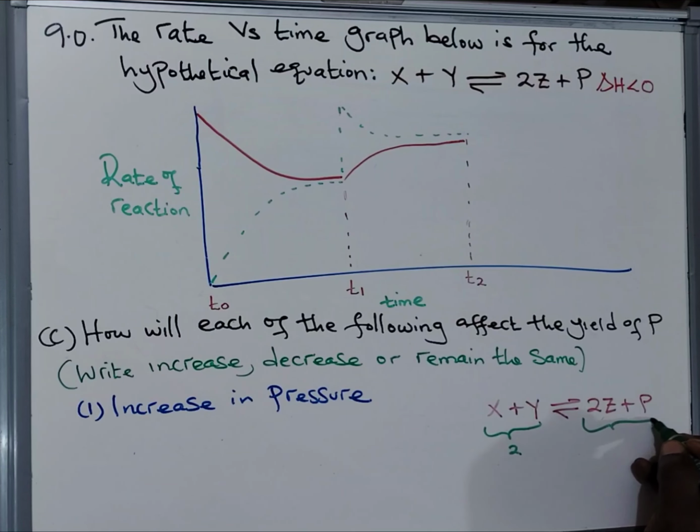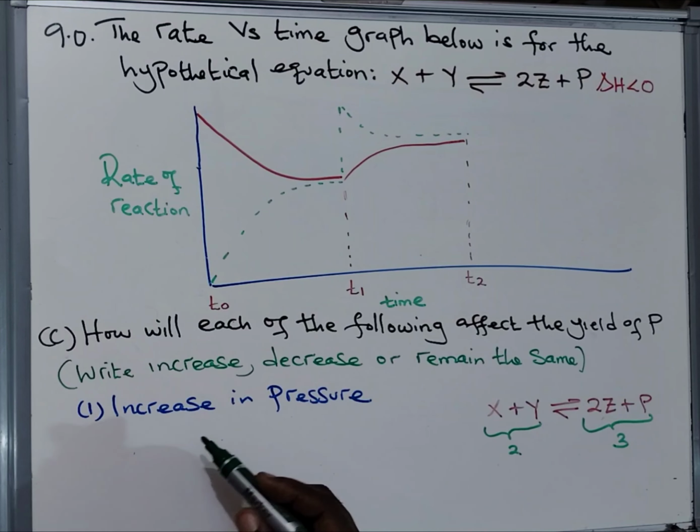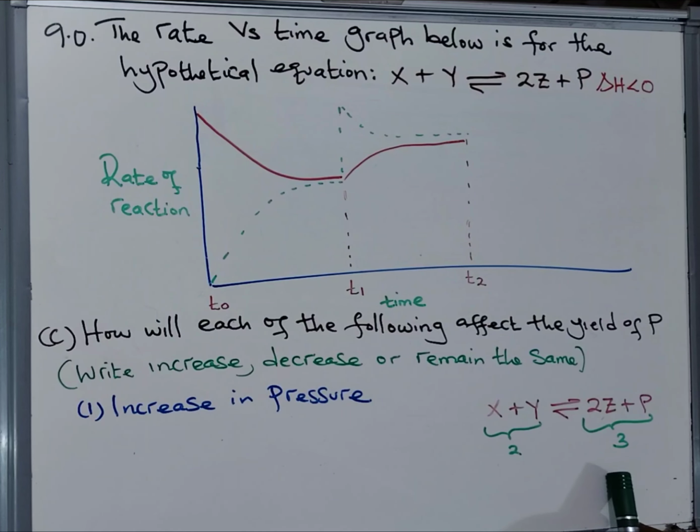On the product side, you have 3. According to Le Chatelier, increase in pressure favors the direction which reduces pressure, and that is from high number of moles to lower number of moles. The direction is reverse. And if reverse is favored, how will it affect P? The answer will be decrease.